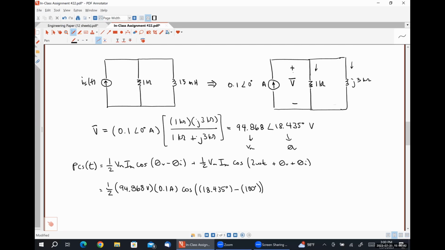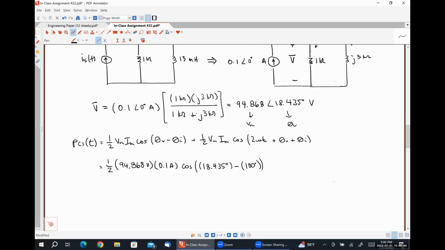All right, so now down here, we're going to have 1/2 VM, so that's 94.868 volts, 0.1 amps, cosine 2 times 2 times 10 to the 5.